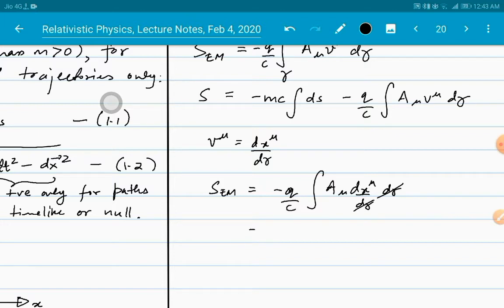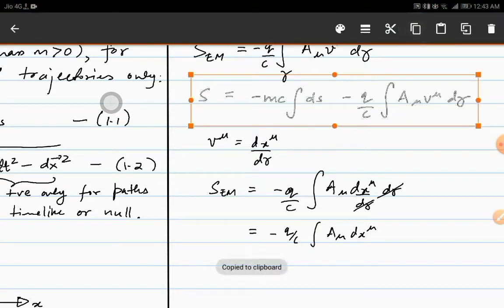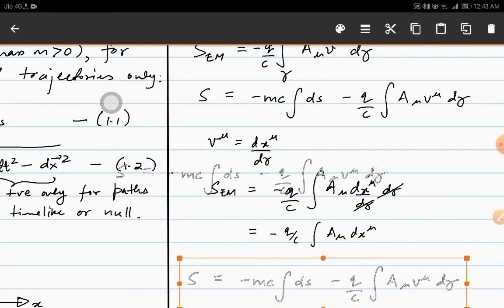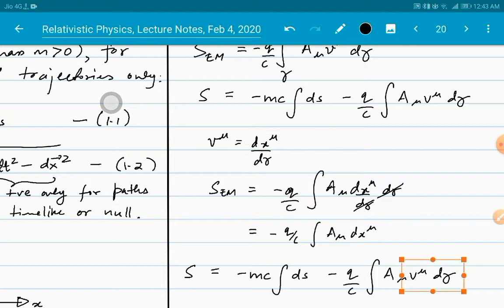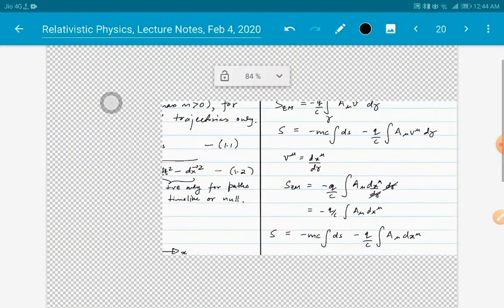So this just becomes minus q by c integral a mu dx mu, and then our final action is the same as before, only with a small modification, which is this.